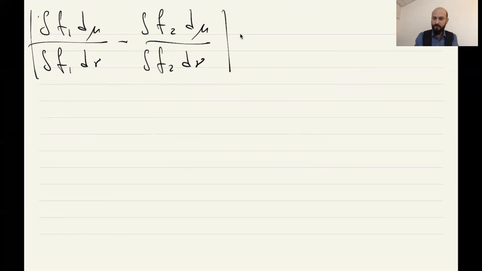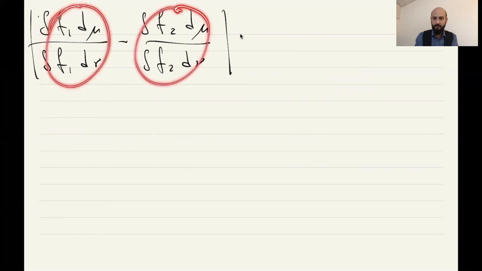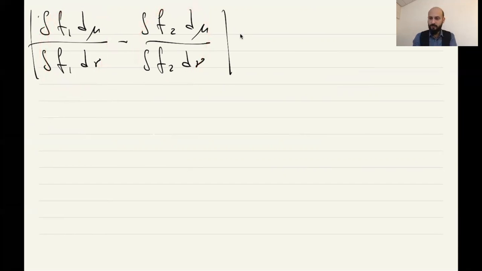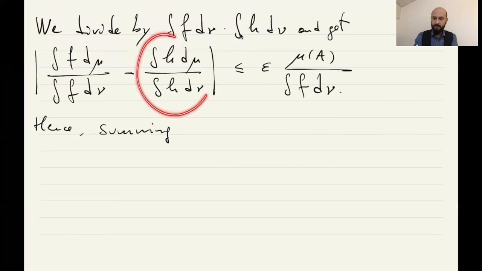Remember, this is what we want to prove to be independent of f, so we want to prove that this difference is 0. We're going to prove that it is less than every epsilon. So here I apply the triangle inequality with this value here, and then I will apply this inequality twice.